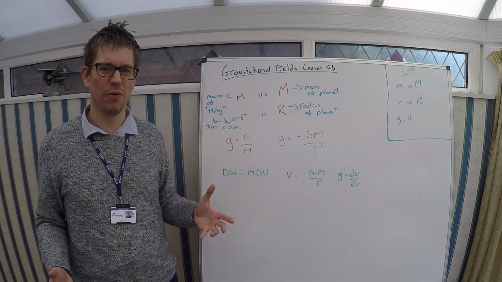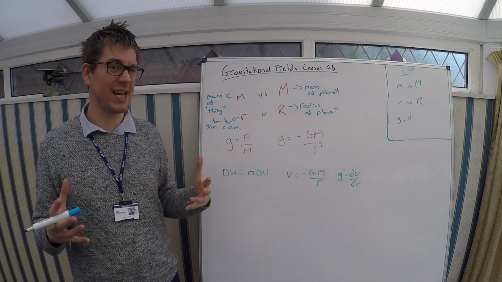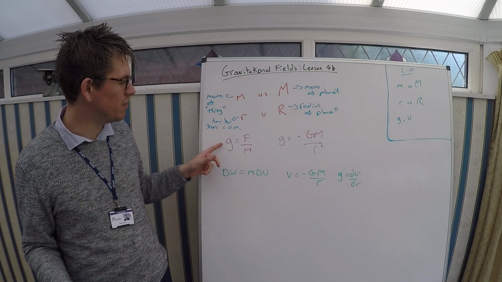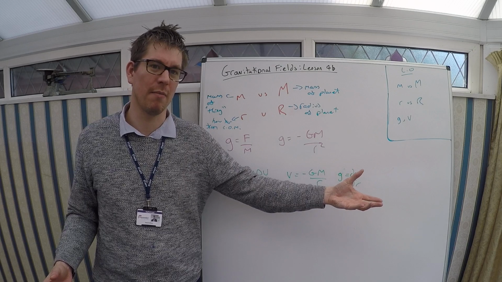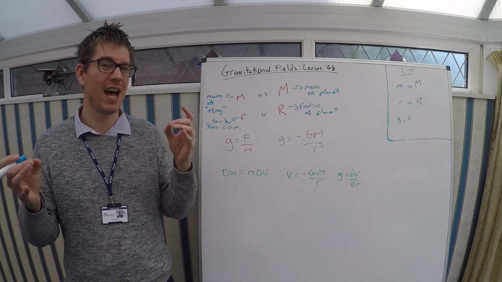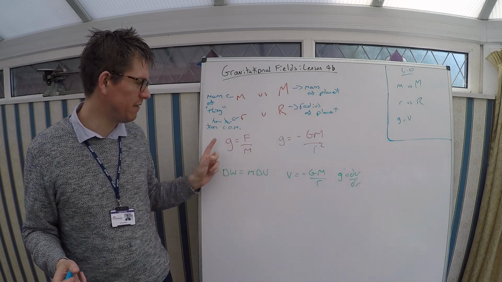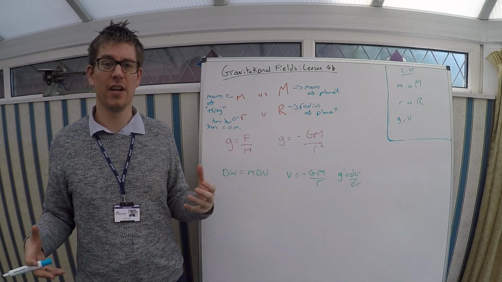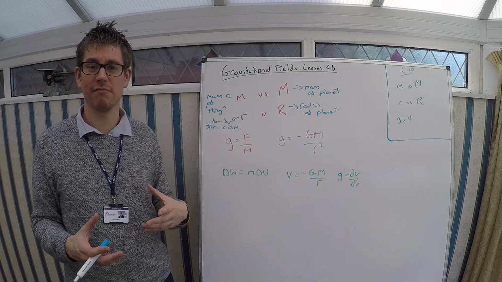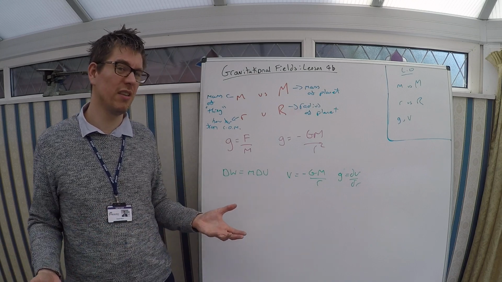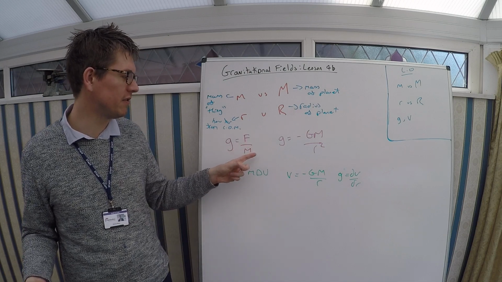So if you told me that there were 100 newtons of force on a 10 kilogram object, I'd do g is 100 divided by 10 equals 10 newtons per kilogram, and that's just the gravitational field strength at that point. It's just how we define it. If I say, what's the g on Earth, you'd say it's 9.8 newtons per kilogram. Force divided by mass. Simple. What's the g on the Moon? Oh, it's about 1.6 newtons per kilogram. Force divided by mass.